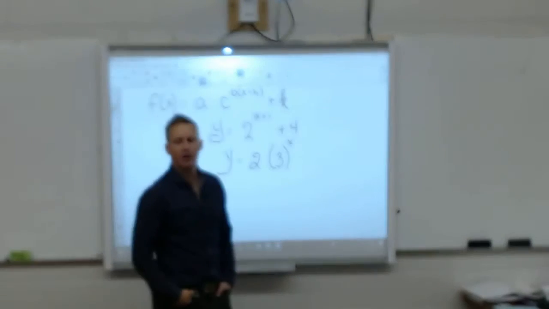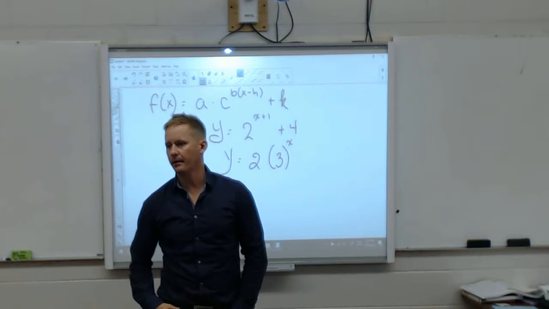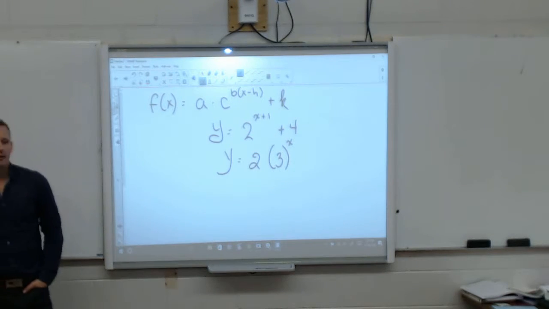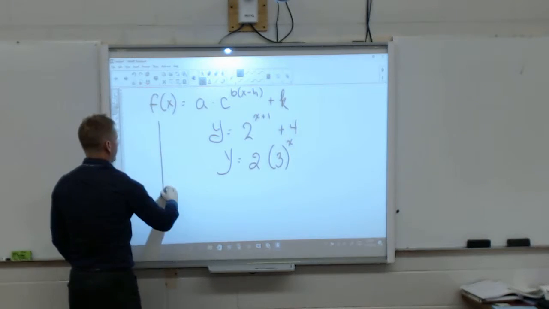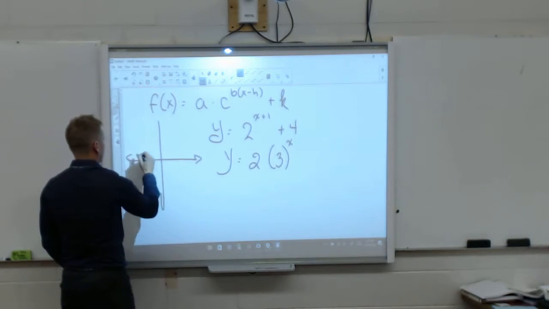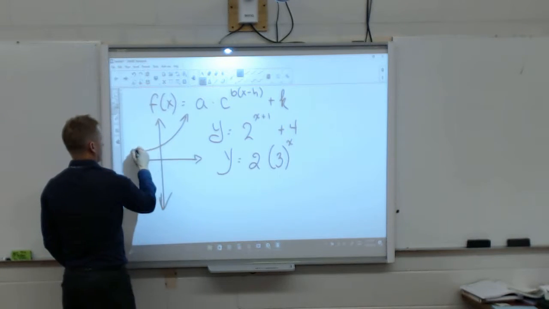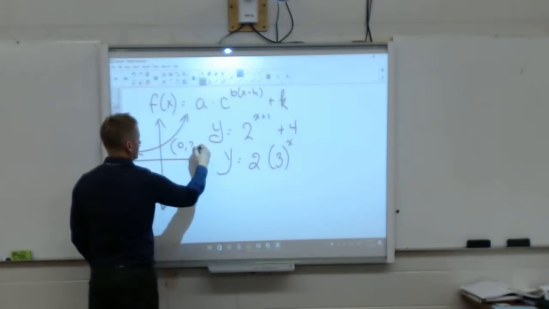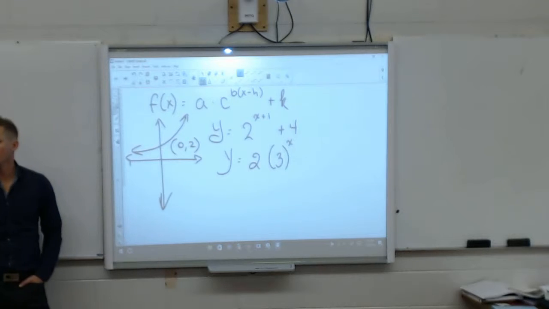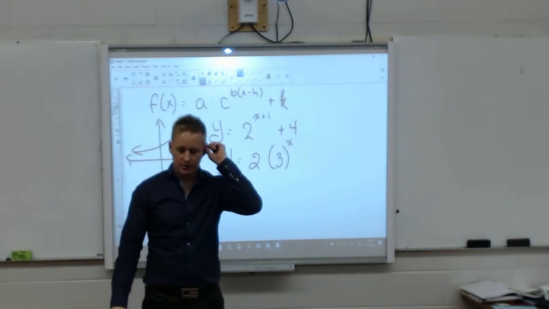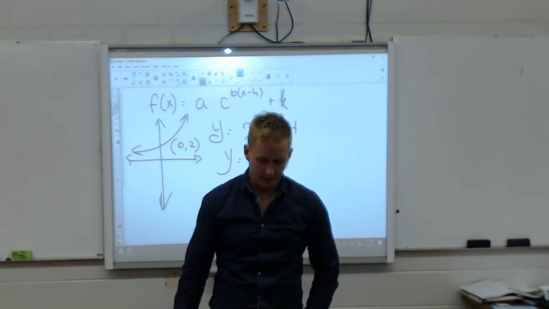So what does our y-intercept become then? That's right. Okay? So that does affect the graph, because this coordinate now becomes 0 and 2 where it crosses. Because I multiply all my y values by 2. And it goes up steeper at that point, right?